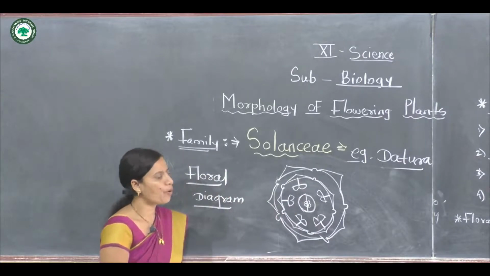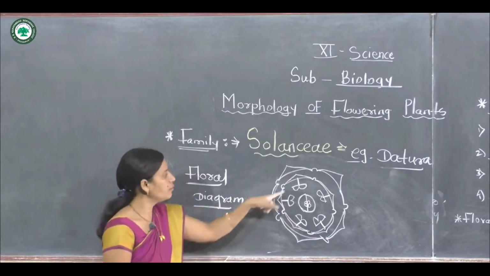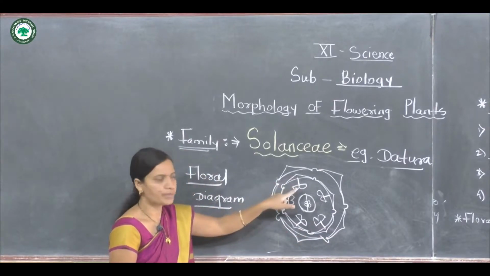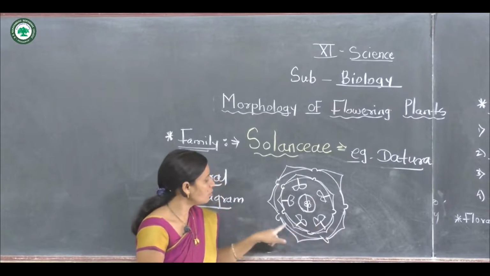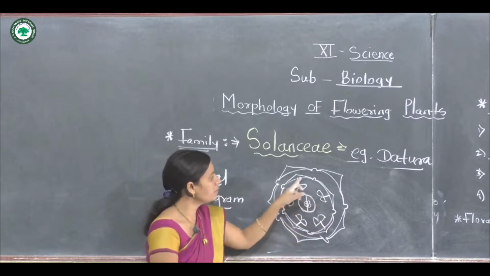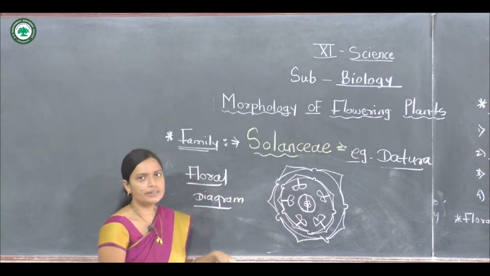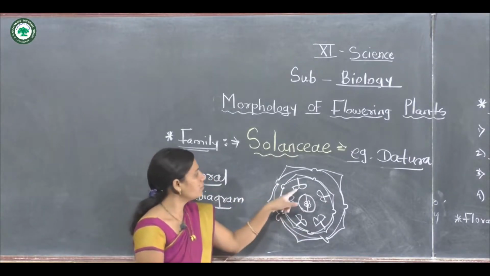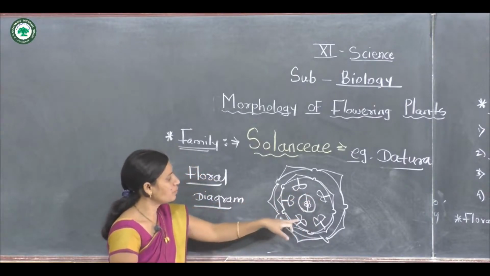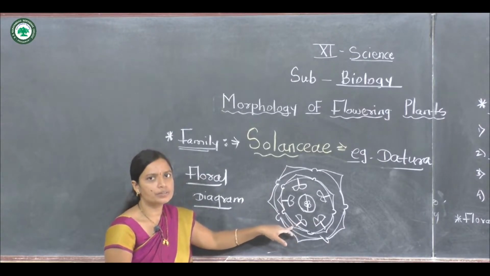The floral diagram for the Solanaceae family shows this arrangement. First are the 5 sepals, joined with each other with valvate aestivation. Next, the corolla is 5 in number, joined, gamopetalous. Then the 5 stamens are also joined with the petals; in the Datura flower, it is the epipetalous condition.